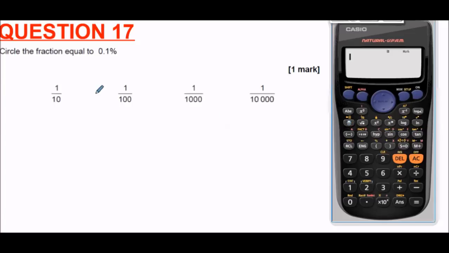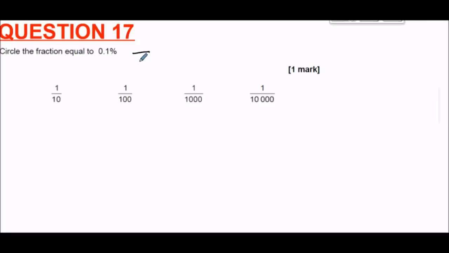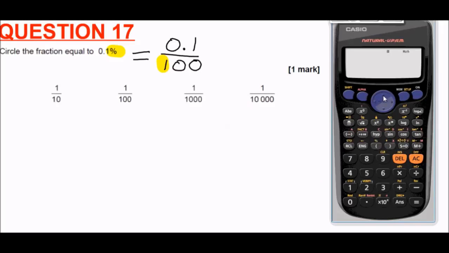So 0.1% is the same thing as saying it's 0.1 out of 100, because percentage means exactly that. So percent means out of 100. And so what we can do with these calculators is we can type it in and see what it says for us.